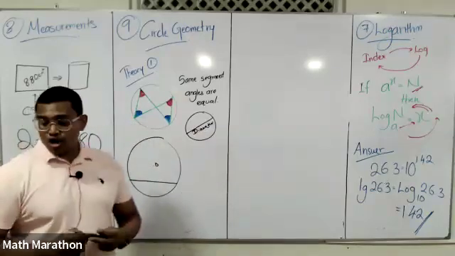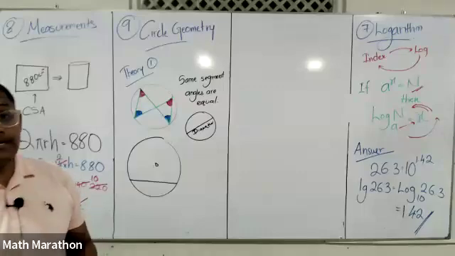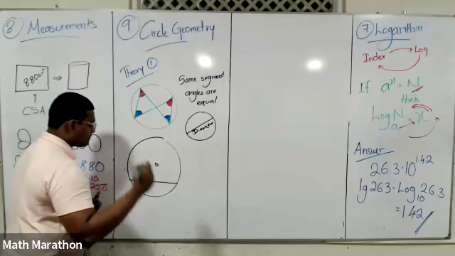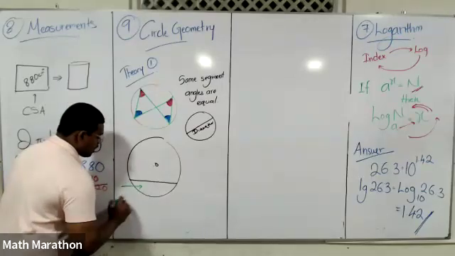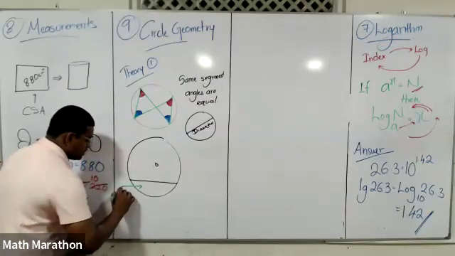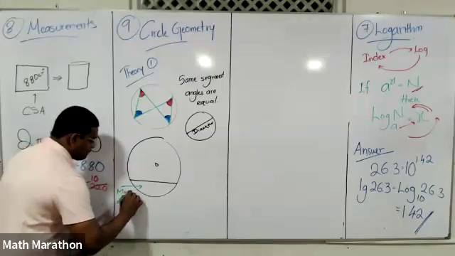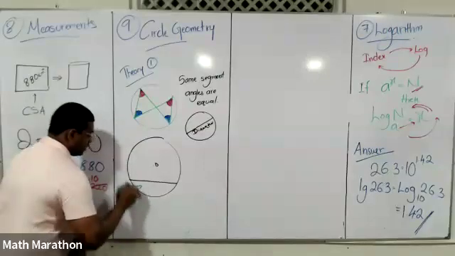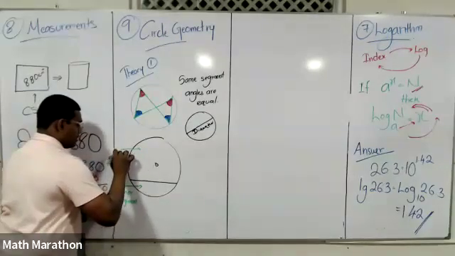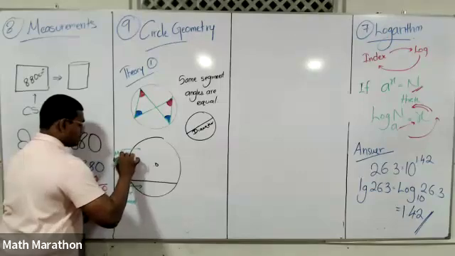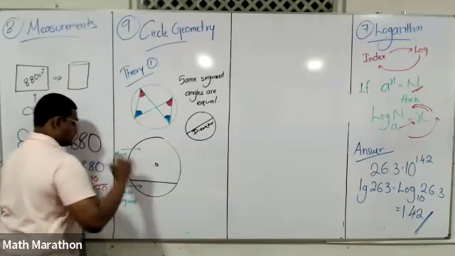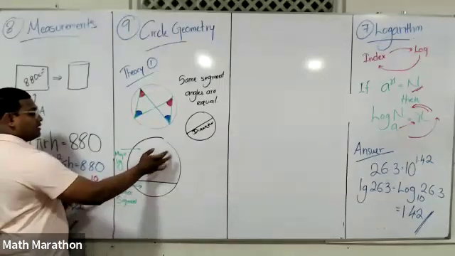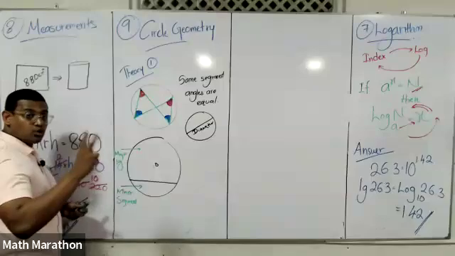So when I draw a chord, this chord divides the circle into 2. Those are called segments. The smaller one is called the minor segment, and the major one is called the major segment. Minor segment and major segment, 2 segments.